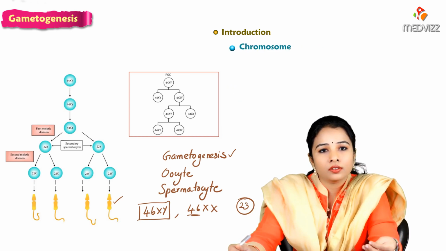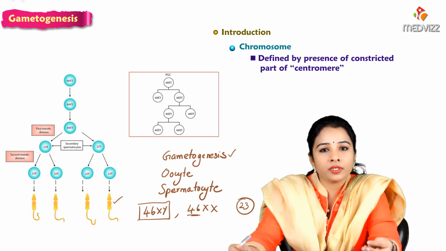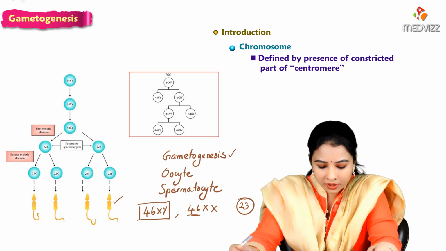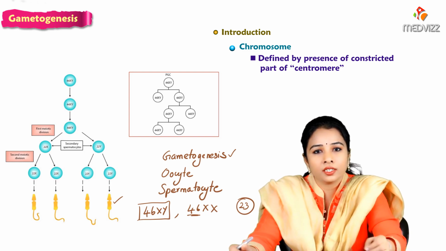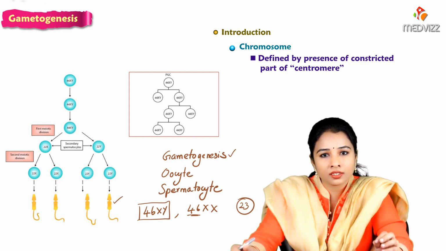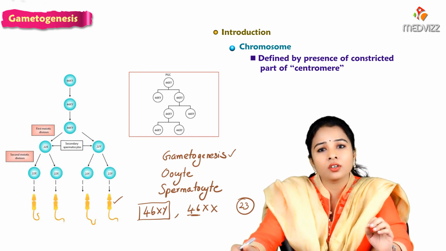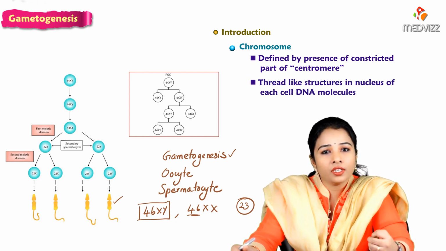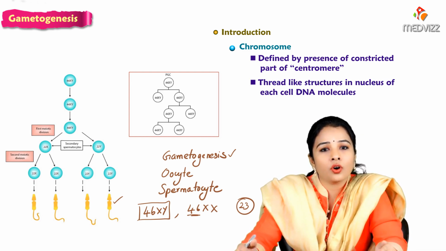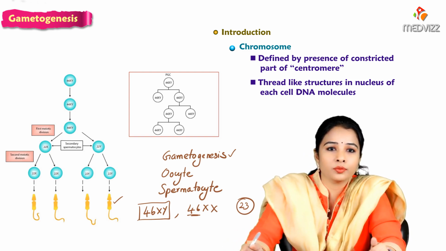A chromosome is defined by the presence of a constricted part, the centromere. If we see the chromosome, it is an elongated thread-like structure which has a constriction called the centromere. In the nucleus of each cell, DNA molecules are packed into these thread-like structures called chromosomes.